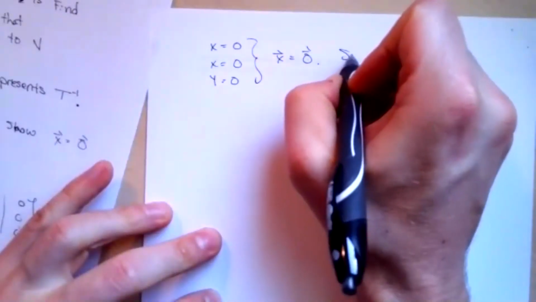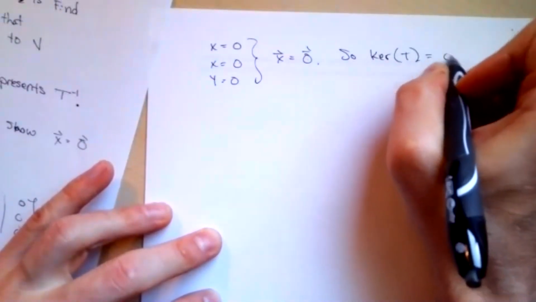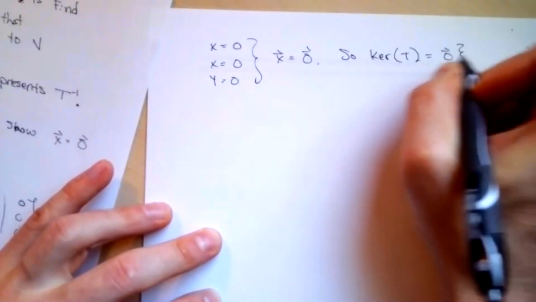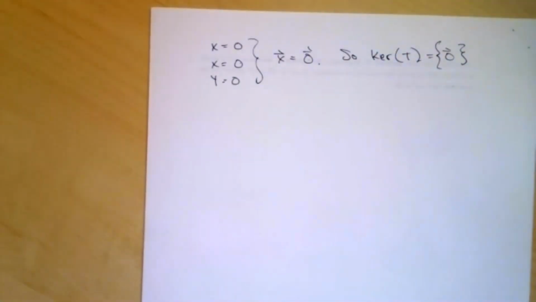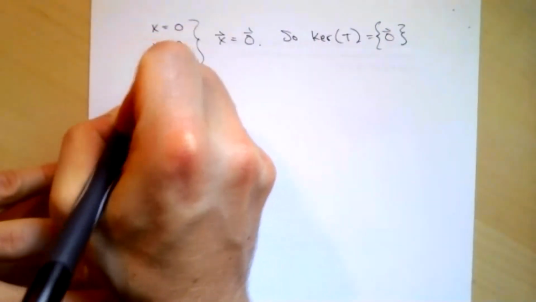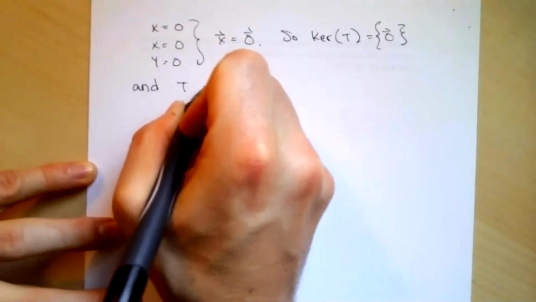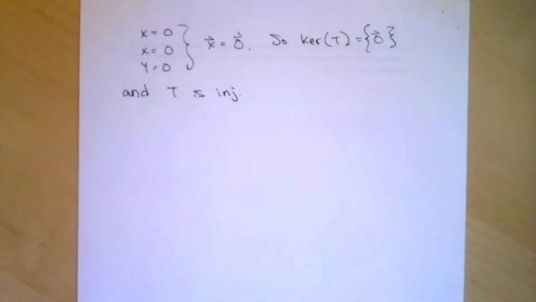So again, the kernel of the transformation is just the 0 vector. And of course, then T is injective. Or 1-to-1 if you want to use that term.